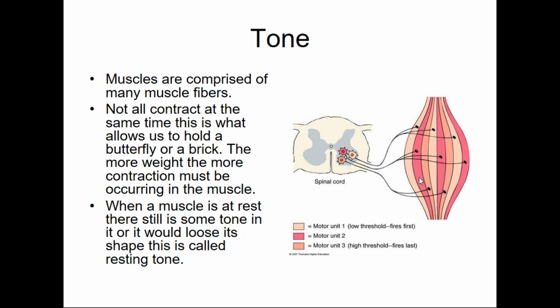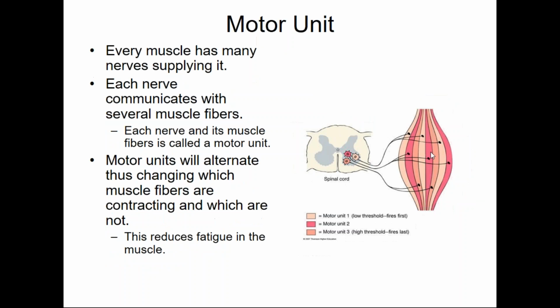So there should be a certain degree of tone in all muscles. This is just describing what a motor unit is. You guys have all studied motor units. You have a single nerve that communicates with several different muscle fibers.